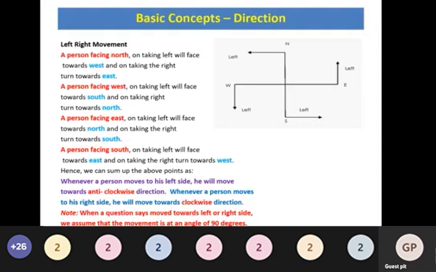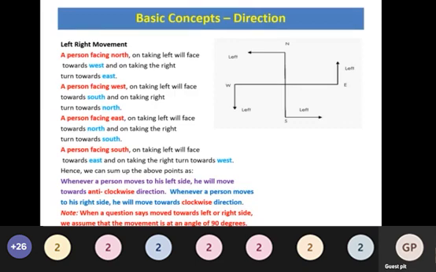So if the person is facing north and moves left, he is moving west. If he moves right, he is turning towards east. This diagram given in the slide is very important for solving aptitude tests, as far as the GATE examination is concerned.